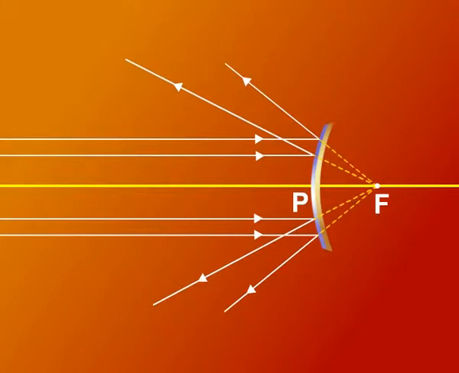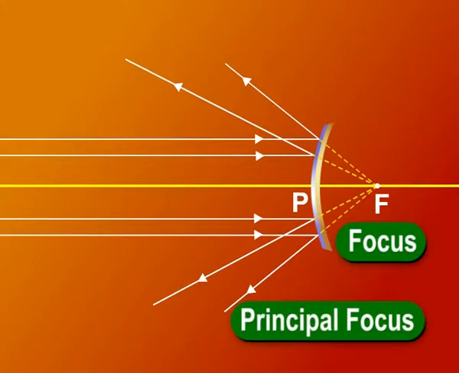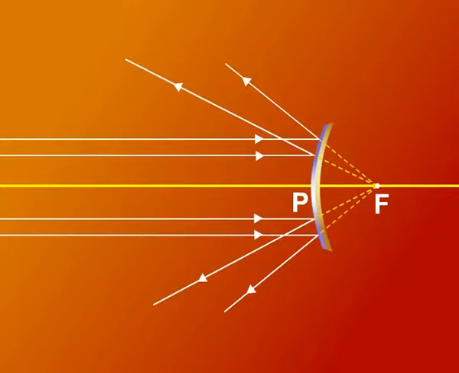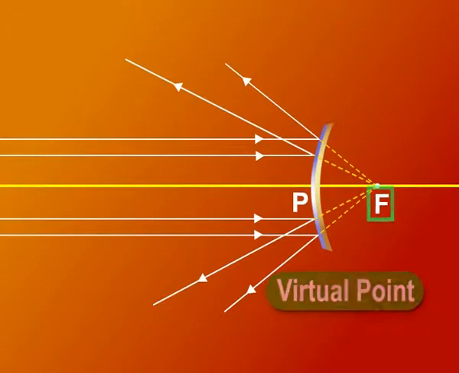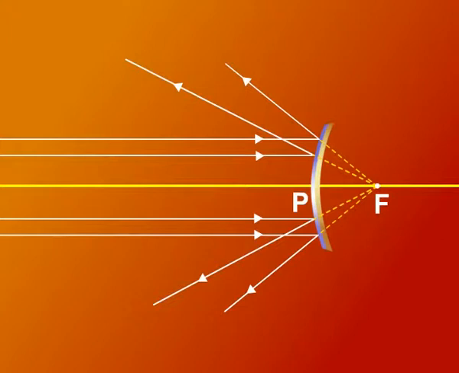This point is the focus or principal focus of the convex mirror. Since the reflected rays of light do not actually meet at this point, F is considered as a virtual point, from where the rays appear to diverge after reflection.